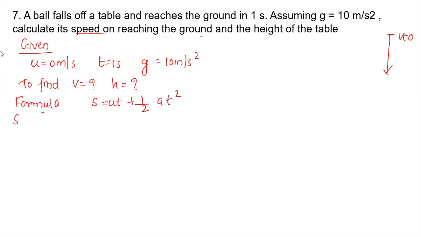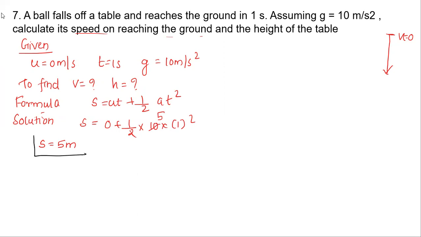Substitute the values. That is s is equal to u is 0, so first term will become 0. Half into a is 10 into t is 1 square. 2 and 10 will get cancelled. 5. 1 square is 1. 5 into 1 is 5. So we got s is equal to 5 meters. So this is the height of the table.